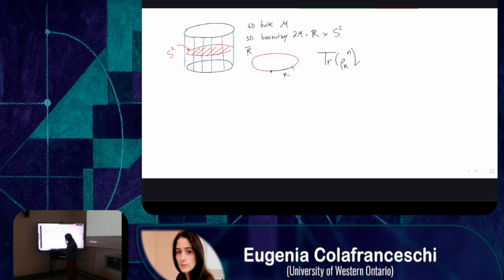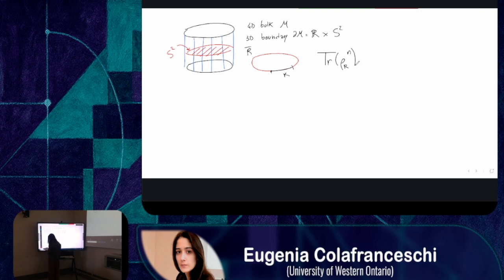Now, again, if you recall what we did last time, we said, okay, for a standard quantum system, for the trace of e to the minus beta h, we have the path integral along S1. What we do for gravity, we use that path integral as boundary conditions of our gravitational path integral.